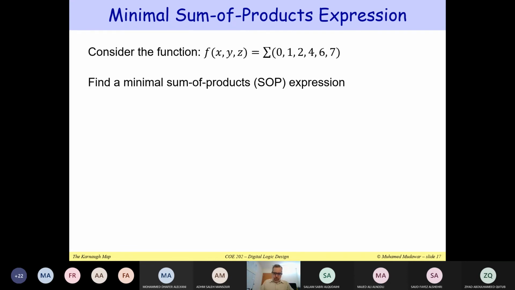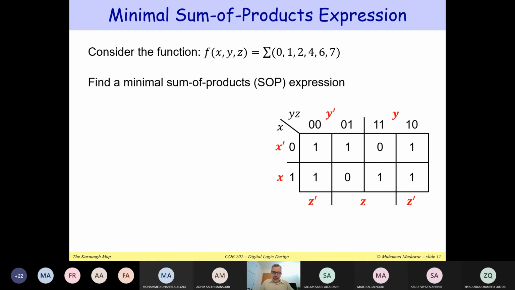Let us draw the Karnaugh map. This is my first step. Again, this is midterm 0. I'm going to write a small m0 here. This is midterm 1. This is midterm 2. Here I have midterm 4. This is midterm 6 here, and this is midterm 7. So you have to locate them inside the Karnaugh map.